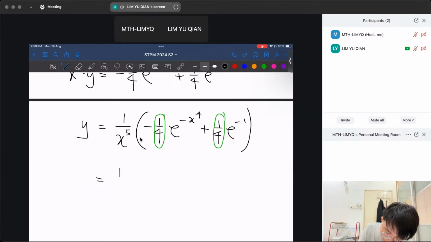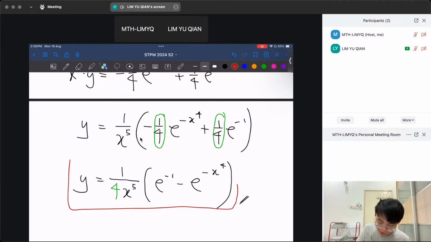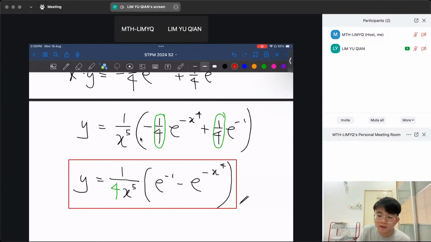So y equals 1 over 4 x power 5, and then positive minus negative, easier: e negative 1 minus e negative x power 4. I think that's the final answer. If you want to simplify, other ways are also okay.